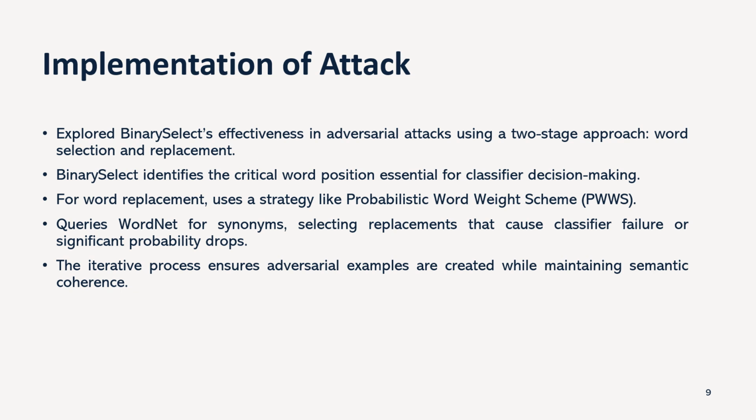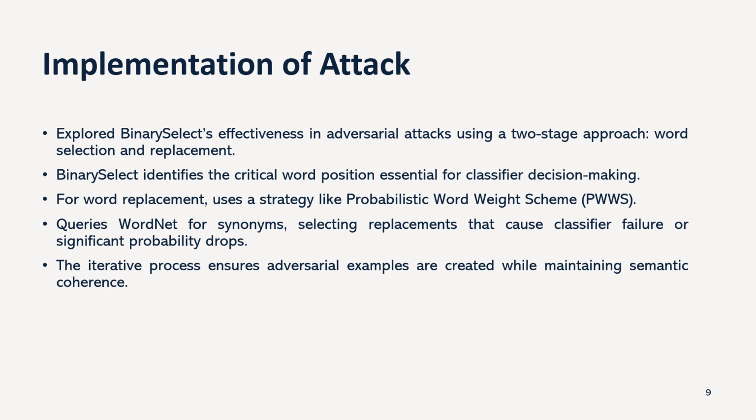Our study explored binary select's effectiveness in adversarial attack within a comprehensive framework comprising word selection and replacement stages. Binary select aids in pinpointing the critical word position crucial for the classifier's decision making, ensuring a systematic approach.